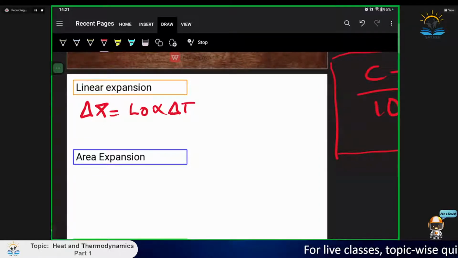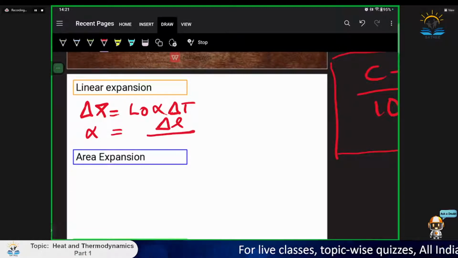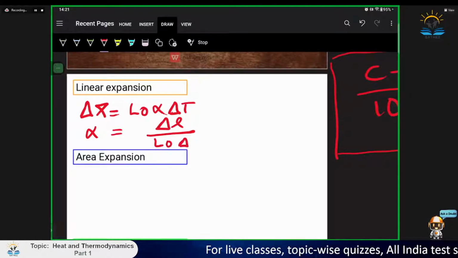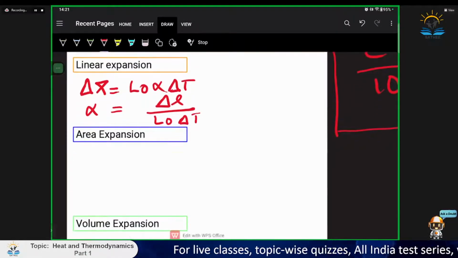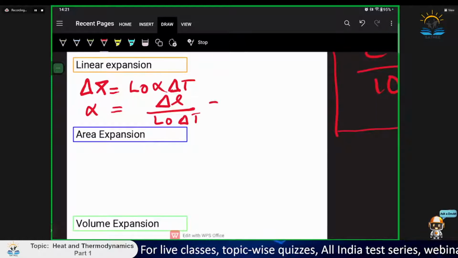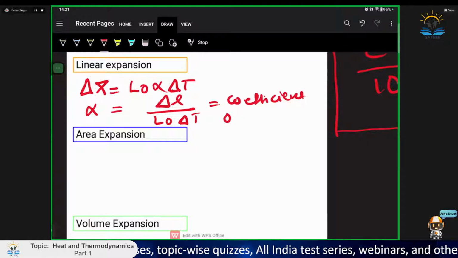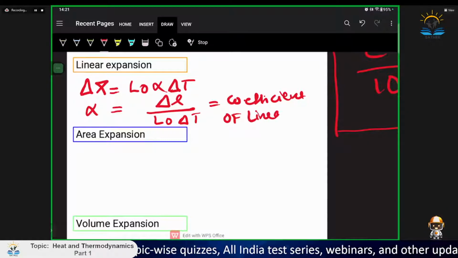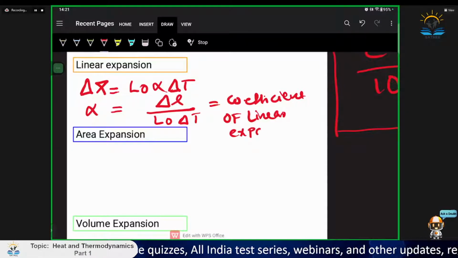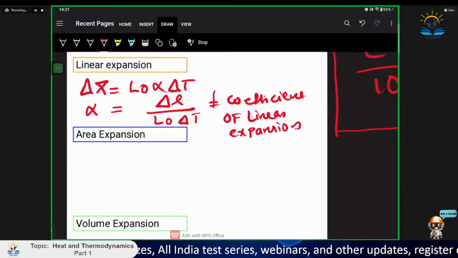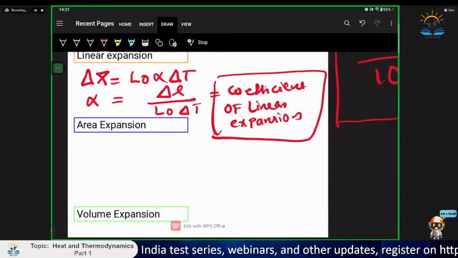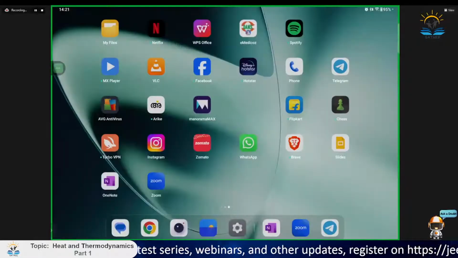So we can write alpha as delta L by L0 delta T, where alpha is the coefficient of linear expansion. Now area expansion, same.